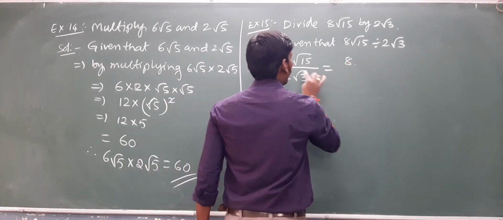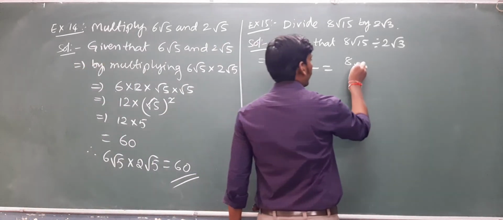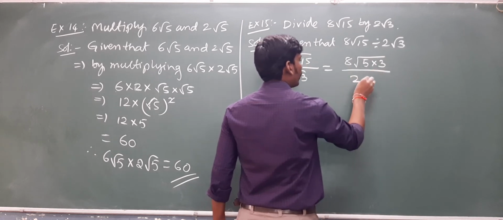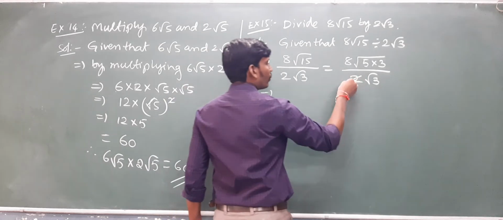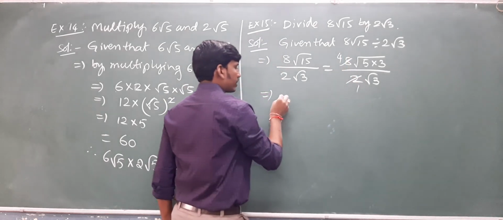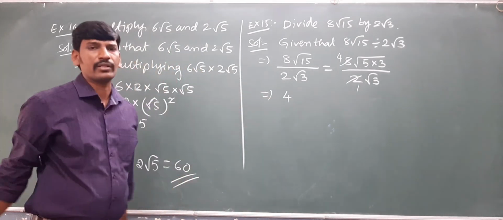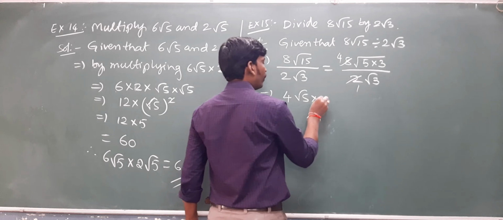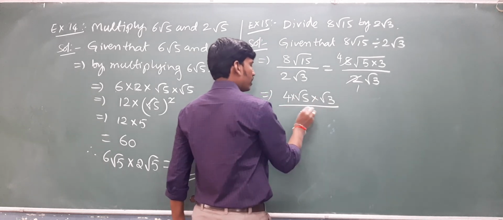So 8 into root 15, you need to write in prime factorization. 15 is given as 5 into 3, divided by 2 into root 3. Now 2 ones are 2, 4s are going to cancellation. The square root can be separated for both the values: 4 into root 5 into root 3 by square root of 3.